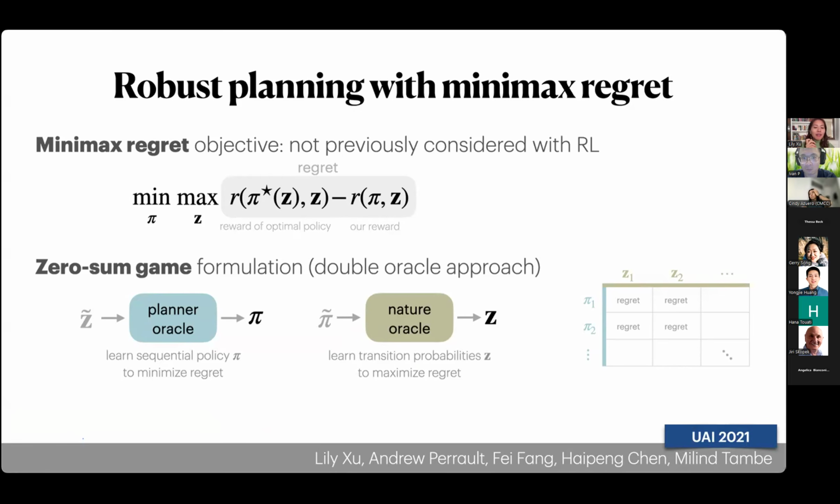And then we have an adversary that we refer to as nature that's setting these environment parameters that will, for some given policy pi, find a worst case environment setting for us.